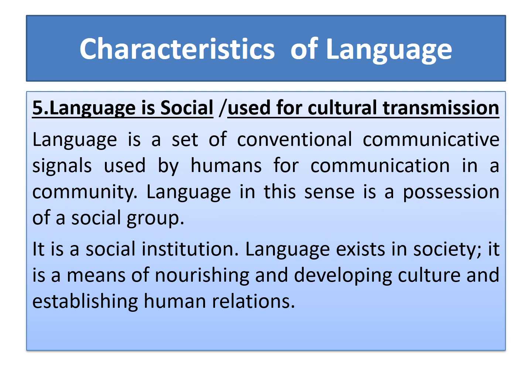Now, language is social, and is used for cultural transmission. Language is a set of conventional communicative signals used by humans for communication in a community. Language, in this sense, is a possession of a social group. Again, basically, we use language to communicate with one another and other people in a society.